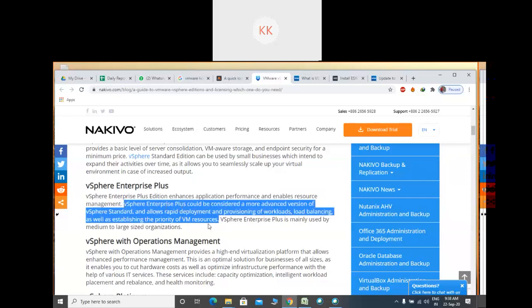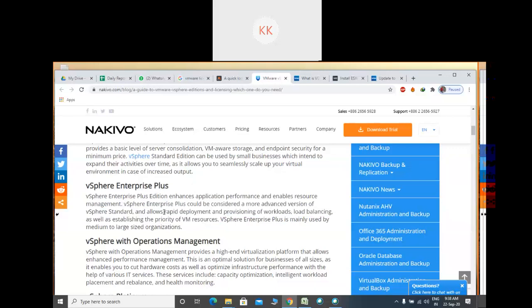What are the different extra features you will find in Enterprise Plus as compared to the Standard one? You will find the option for rapid deployment, provisioning of workloads, load balancing, and priority of virtual machine resources.